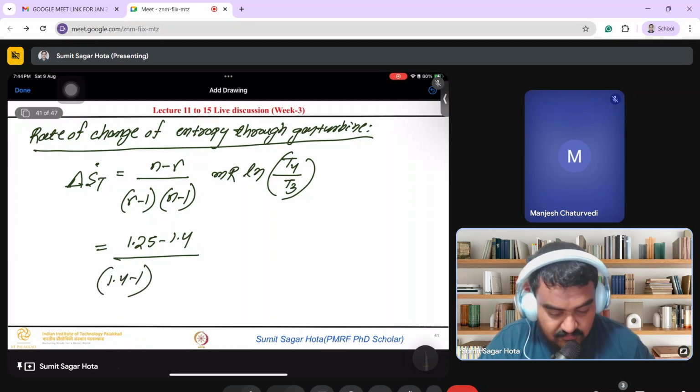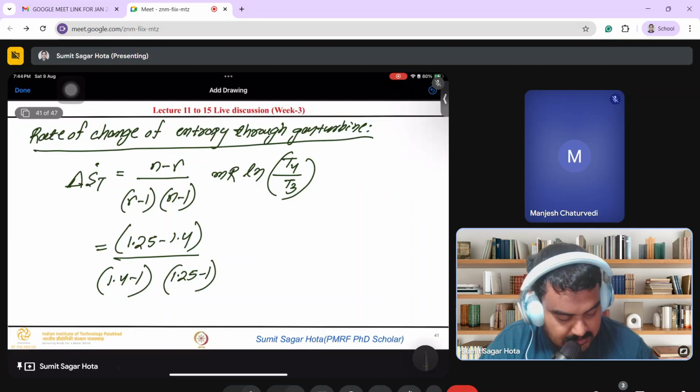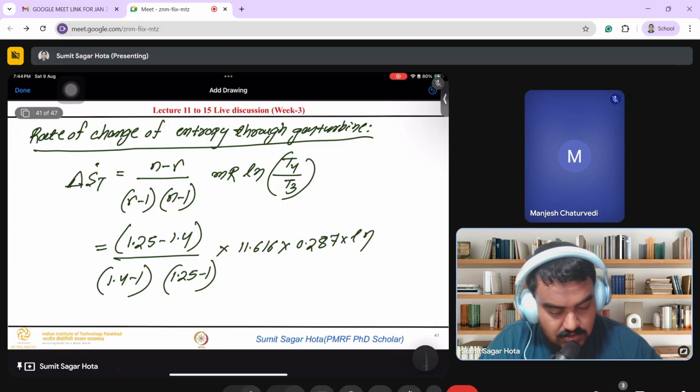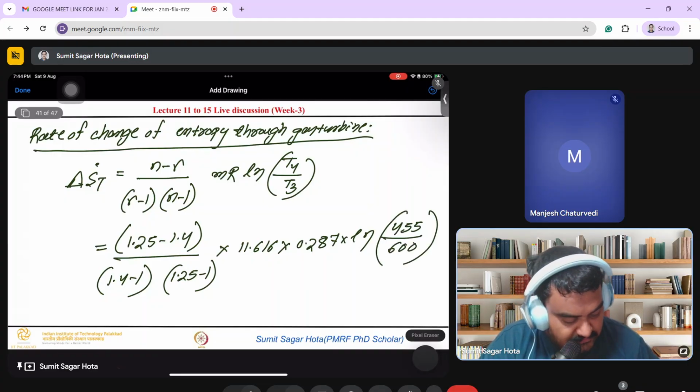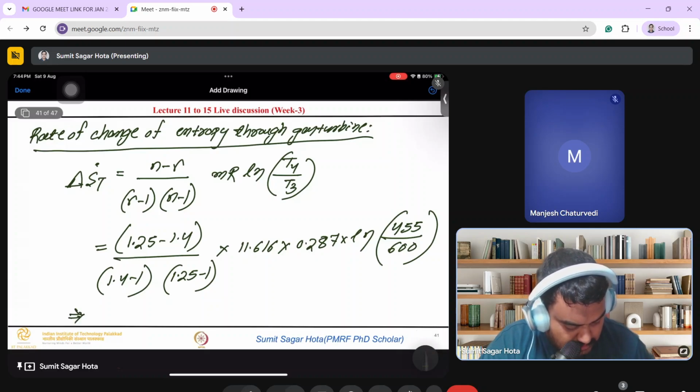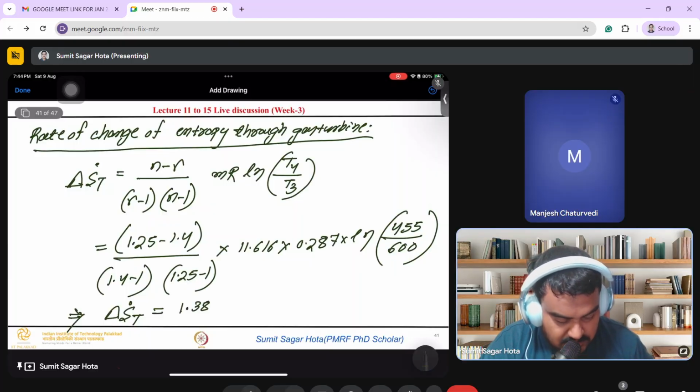So 1.4 minus 1 into 1.25 minus 1, into m is your 11.616, into R is your 0.287, into ln 455 by 600. So now if you solve it, that's 1.3832 kilowatt per Kelvin.